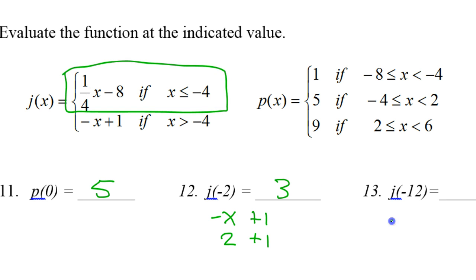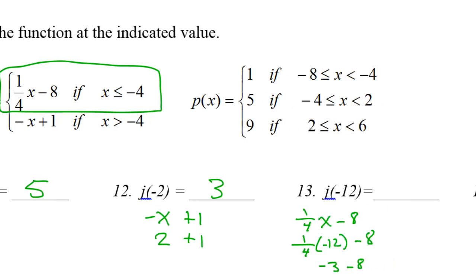So that means we're going to be using this function, the 1/4 x minus 8. So this will become 1/4 times -12 minus 8. This really just means divide by 4. So this will be -3 minus 8, which is -11.